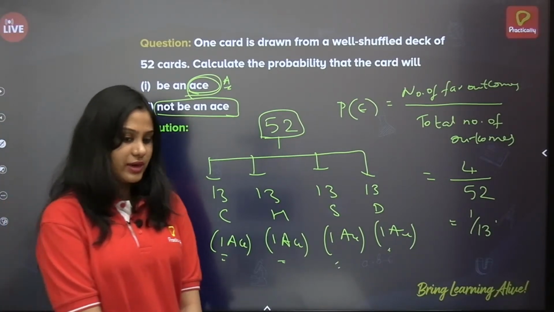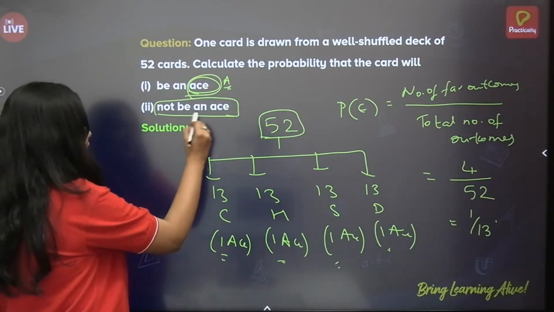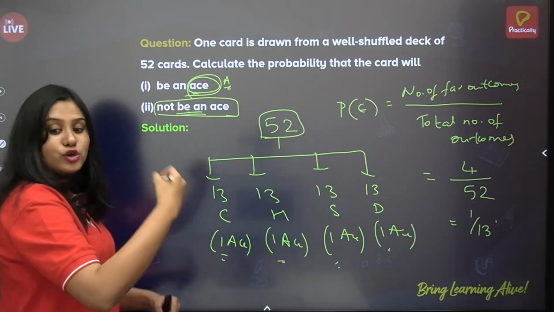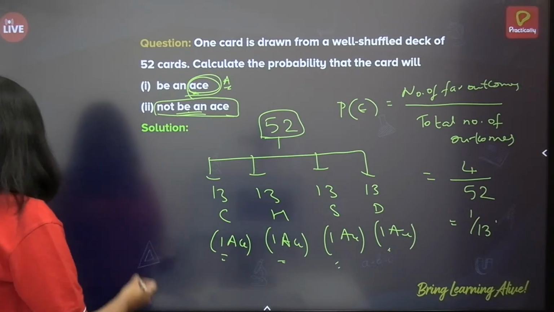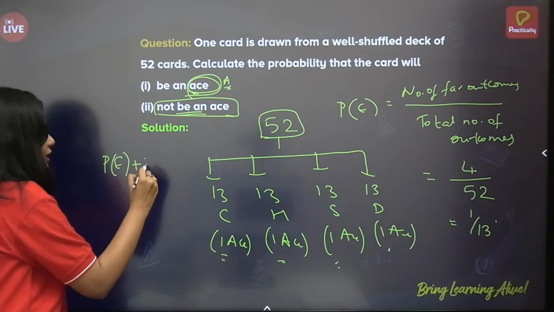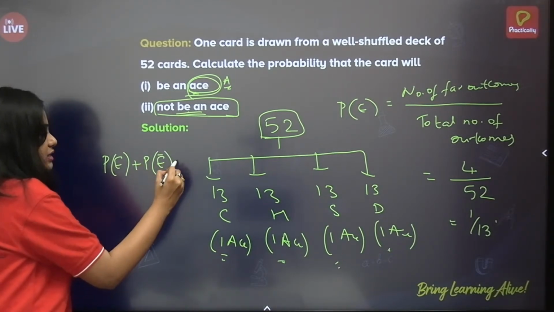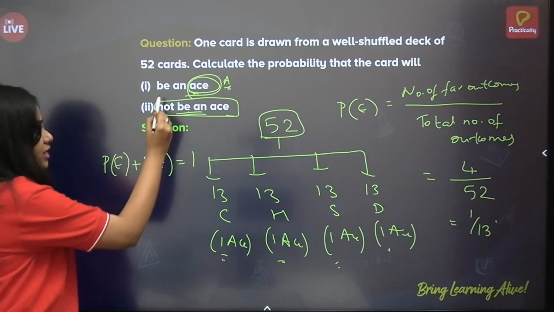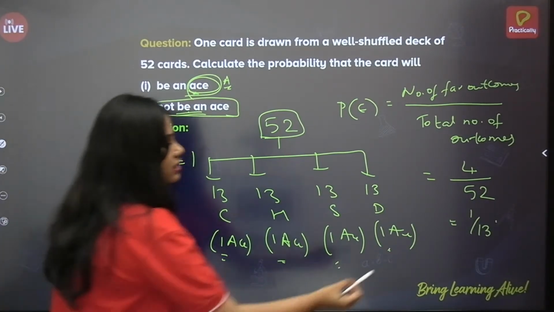Now, not an ace card. So, this is an event. The second one is the event not happening, correct? And what have we studied? Probability of event plus probability of event not happening is equal to 1, right? So, what is the probability of the event here? That is to be an ace, 1 by 13.